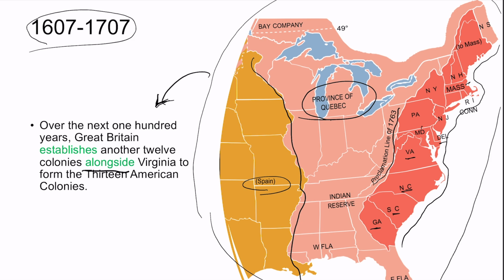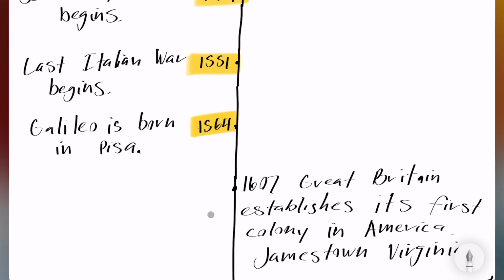All right, so we have learned by looking at this slide that for the next 100 years after Jamestown was initially founded, more colonies are established by Great Britain. And here we can see in this map where those colonies are. All right? So let me add that to our list.